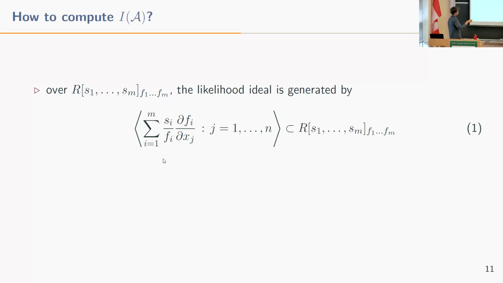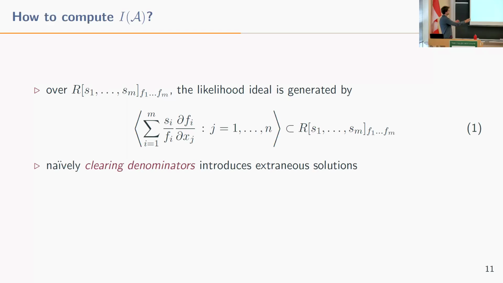You apply a partial derivative to the log likelihood function, and then you get these rational functions here. Now inverting these fi's is allowed, so this generates the likelihood ideal inside this localized ring. But of course, we are not only interested in the description inside this local ring, but we want the description inside the polynomial ring.